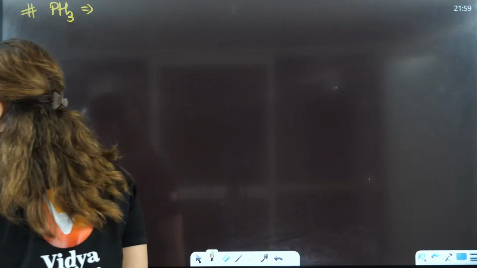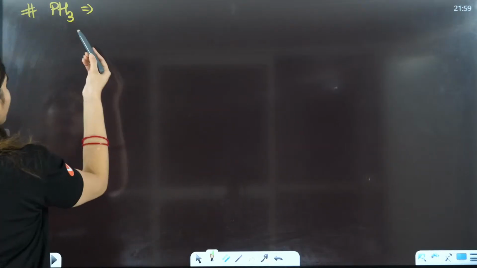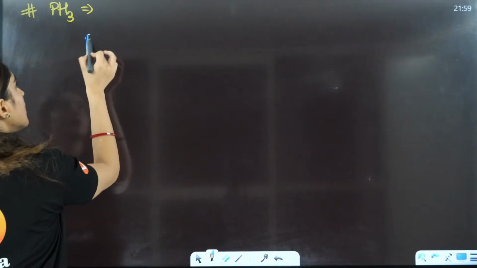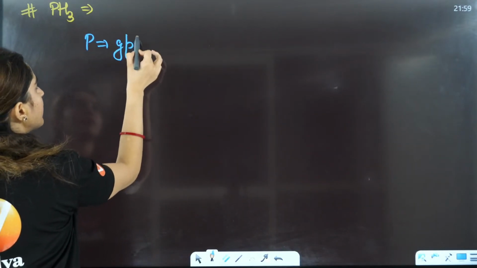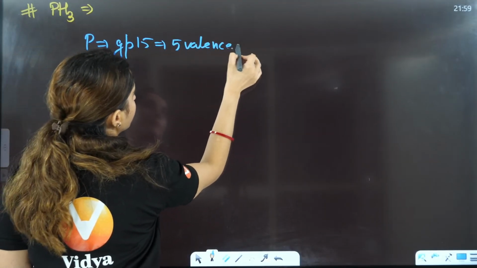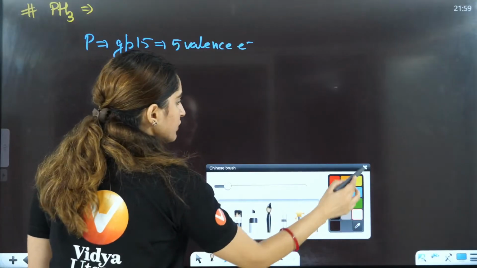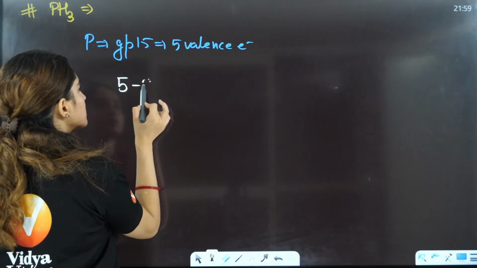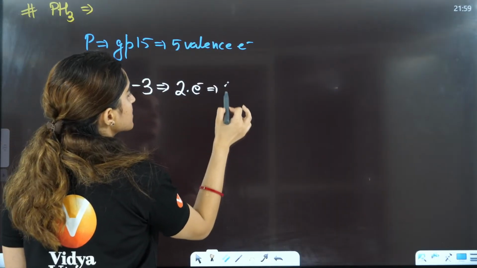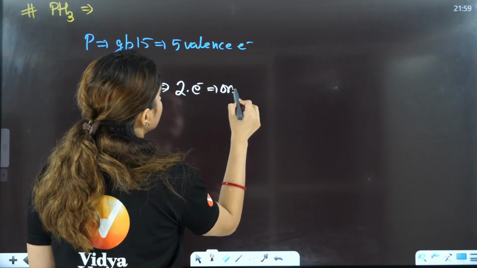Okay, very good. So PH3: phosphorus belongs to group number 15. It has 5 valence electrons. Out of these 5 valence electrons, 3 are occupied in bond pairs. You have 2 electrons, that means 1 lone pair.